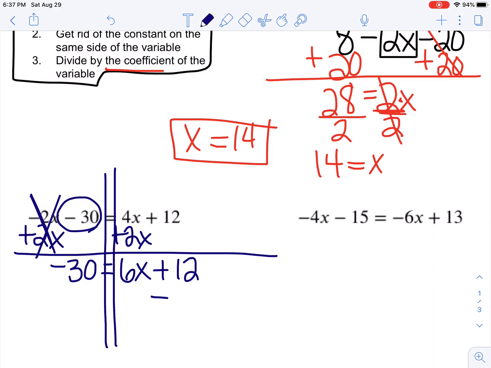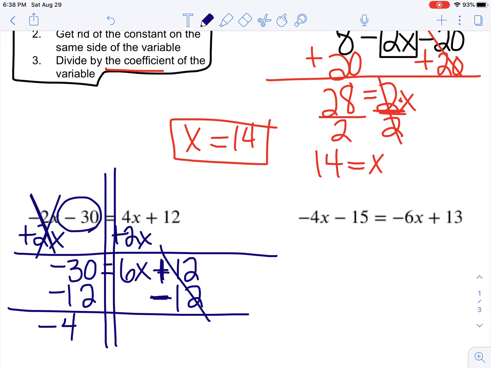So now we're going to get rid of the constant that's on the same side as the variable right here. So we have to get rid of this constant. So I'm going to do minus 12 because that's plus, so we do minus. We have to bring it over to this side. So negative 30 minus 12 would be negative 42 equals 6x.